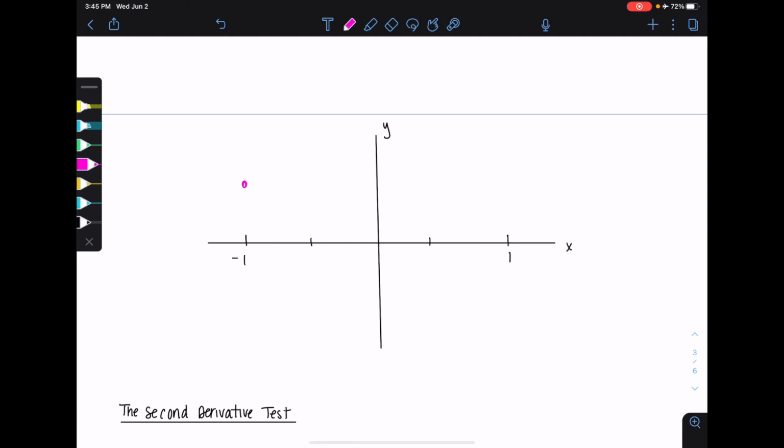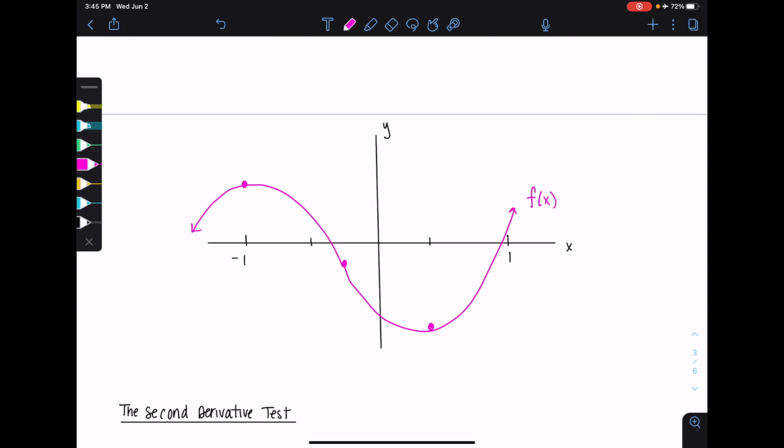We had a local max at -1, a local min at +1/2, and then at -1/4, we have another inflection point. So if you want to kind of see what this graph looks like, it's concave down up until that point, and then it switches, and I have that curve up shape. So this is a rough drawing for just what that shape of our function f of x would look like.